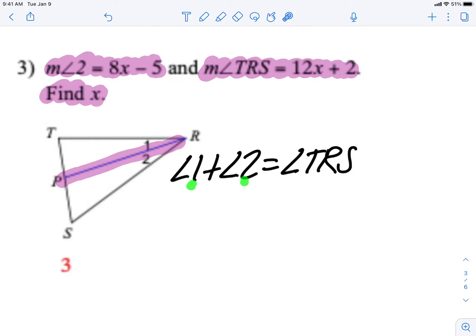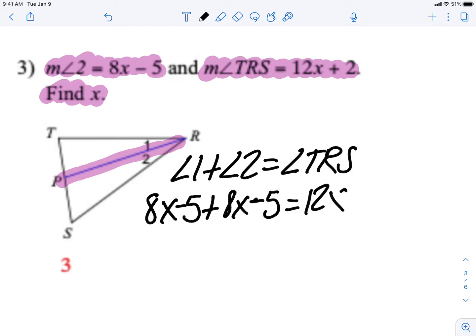And they tell us that angle 2 is 8x minus 5. So that means angle 1 is also 8x minus 5. So 8x minus 5 plus 8x minus 5 is equal to the angle TRS, which is 12x plus 2. There it is right here.